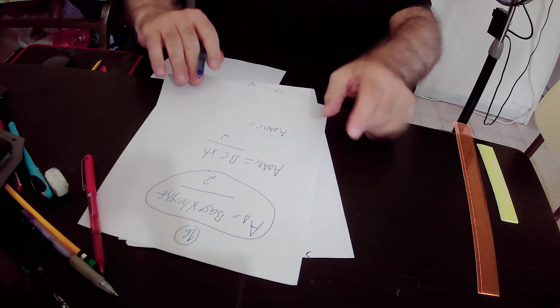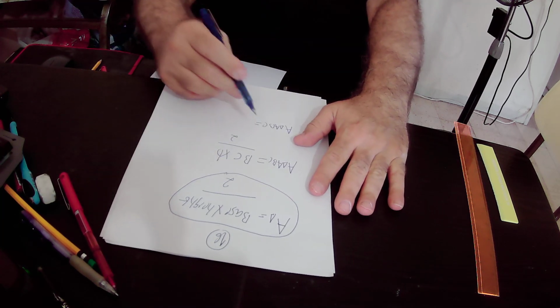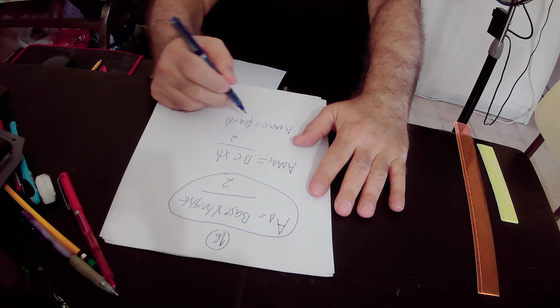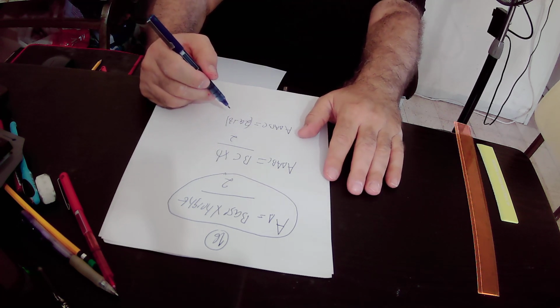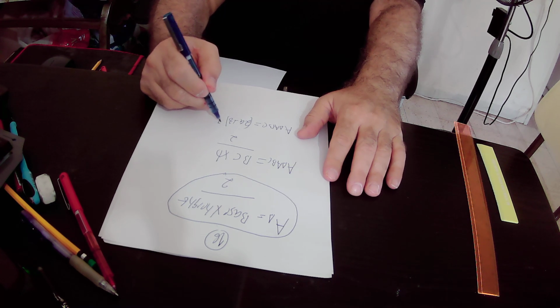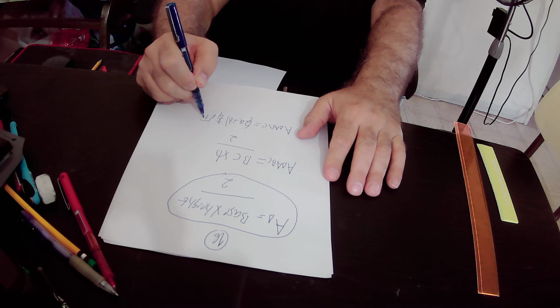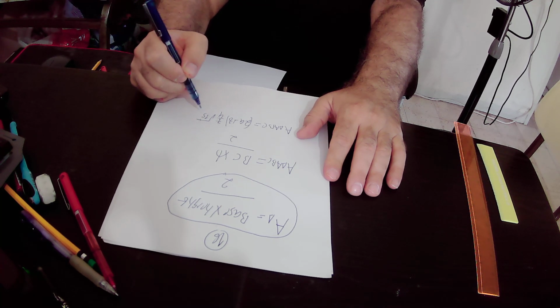So BC equals 2a plus 8. And we have already found out that h equals 7 over 4 times root 15 units over 2.